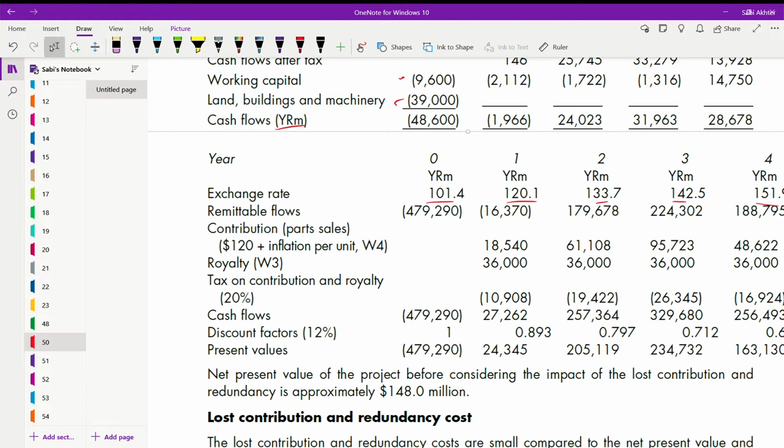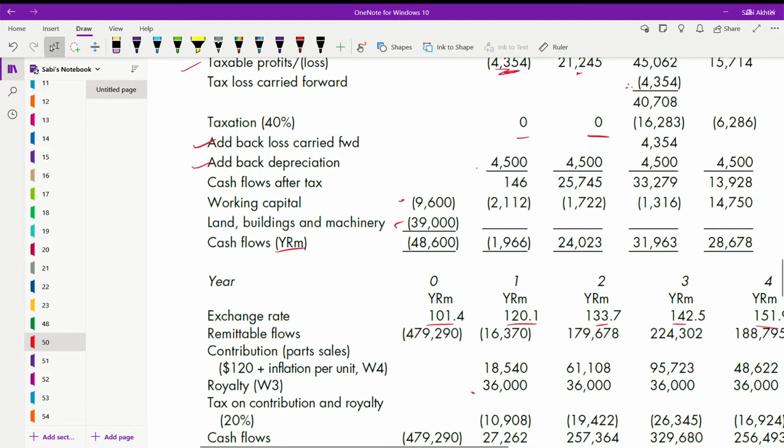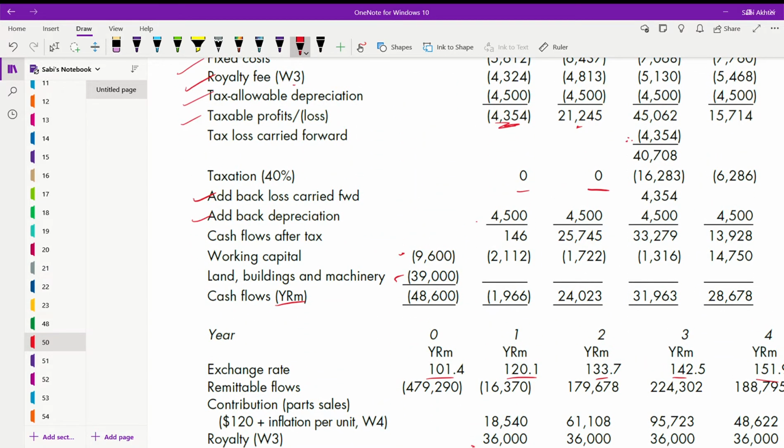now as you can see, there are some contribution from part sales which needs to be added, because from the dollar side they are making a contribution. They are selling this part and they are having a contribution on that. That's why it is added here. Even the royalty they are receiving. They are receiving royalty. But for the foreign company, if you see here, there's a royalty fee which is deducted.